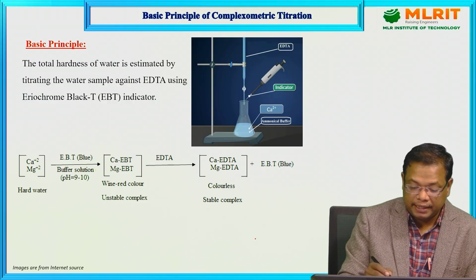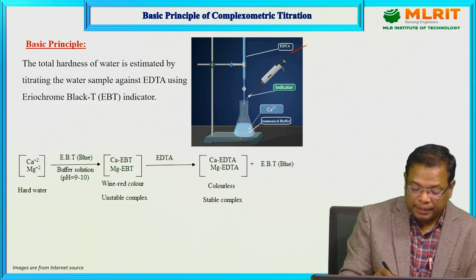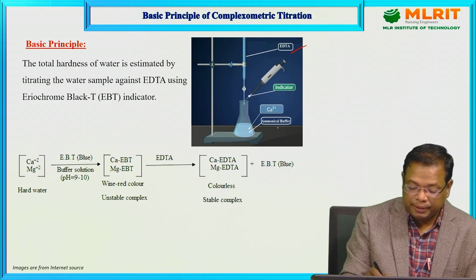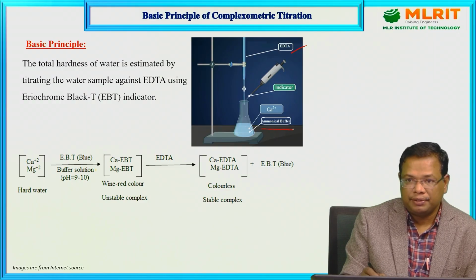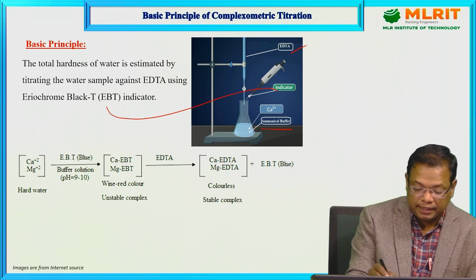Initially in the titration, in the burette, we will take the EDTA. In the beaker, we will take the given water sample, mixed with 2 to 4 drops of ammonical buffer and the EBT indicator.